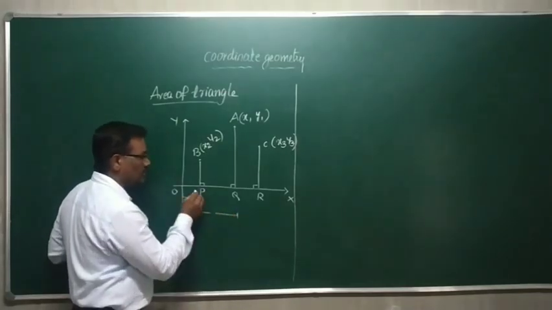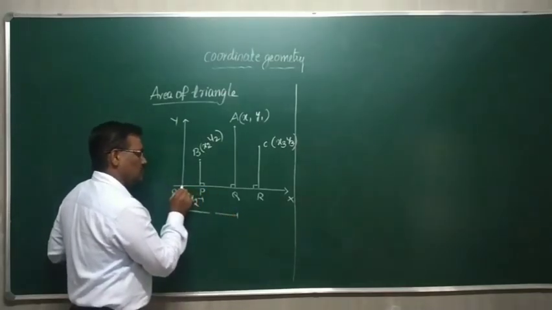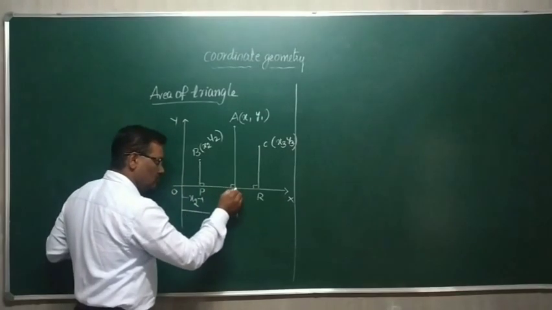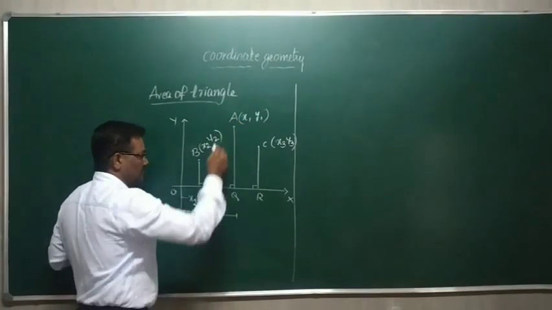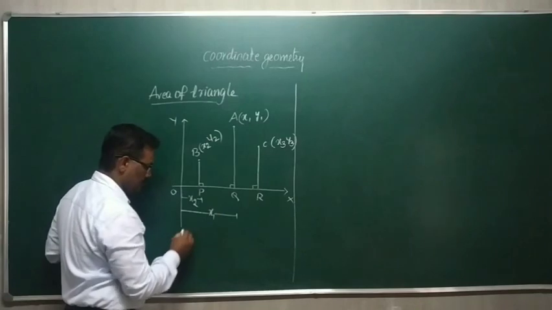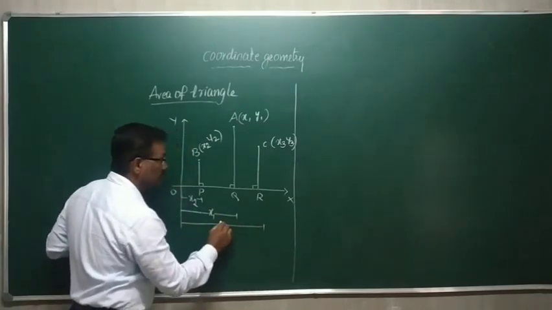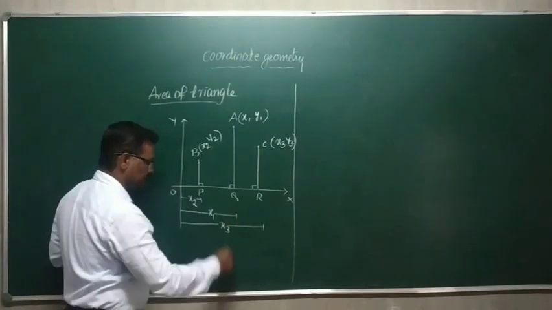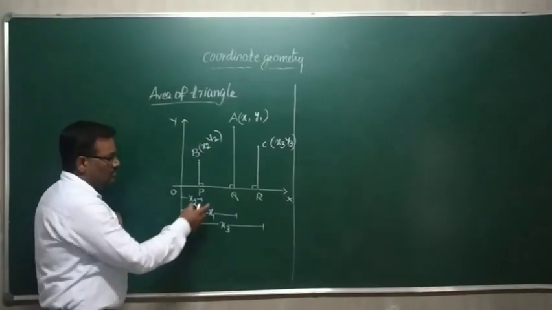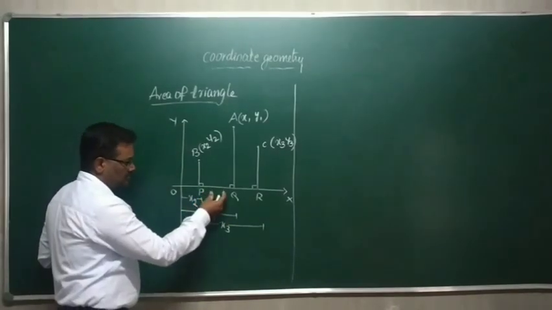Which point do we want to locate? From O to Q we move to locate A, that is x1. Here O to R, that is x3. Now I want to find out PQ distance.